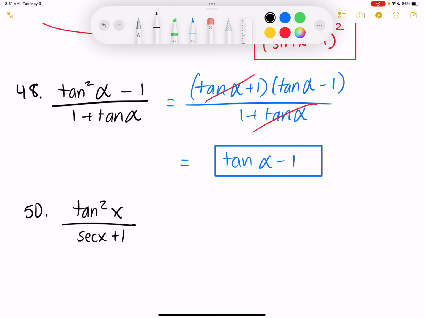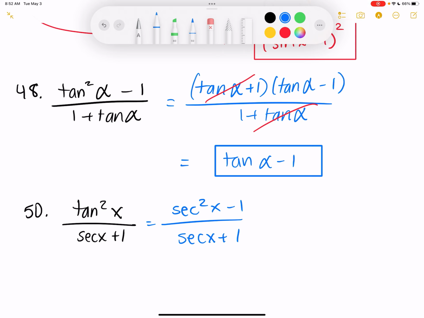Tangent squared of x could be secant squared of x minus 1. So tangent squared can be rewritten as secant squared of x minus 1, and that's good because it looks relatively similar to what I have on the bottom.